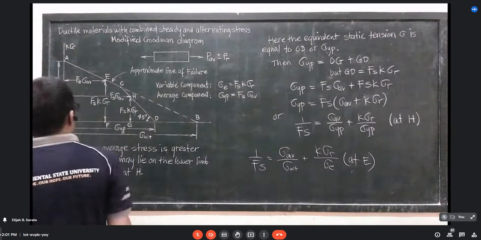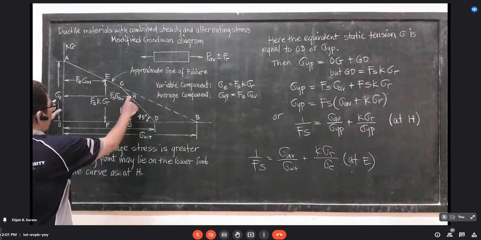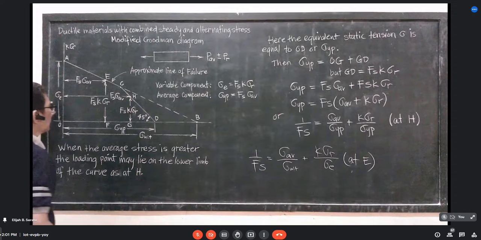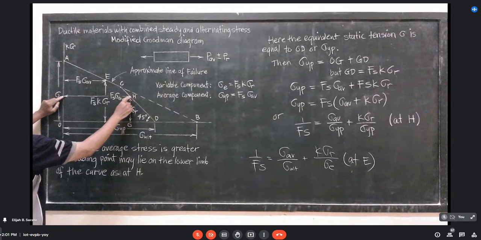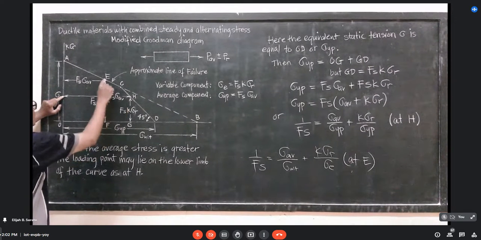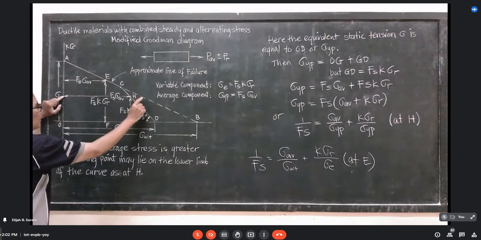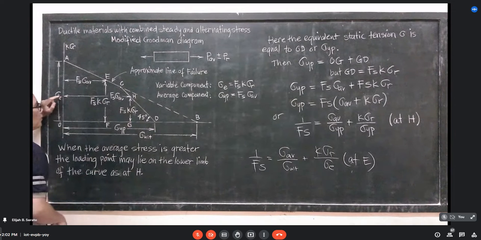If you assume that it is at H, this is the factor of safety times the average stress. Now, if it is at E, it is here, the factor of safety times the average stress. Do you get me? Do you follow?